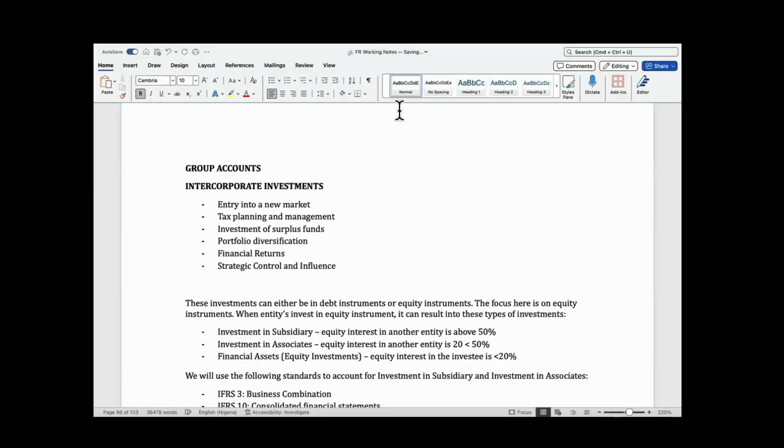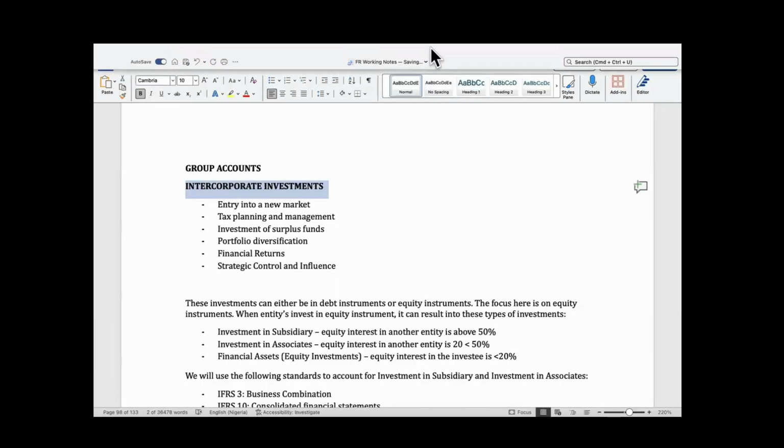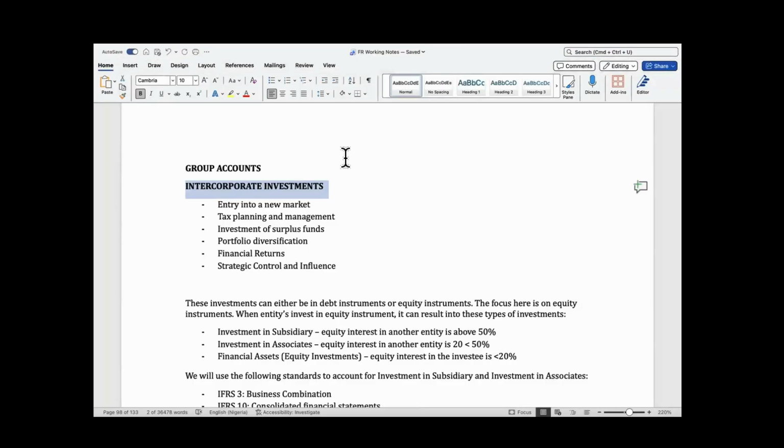So group accounts, why are we talking about it? Why do you want to prepare it? This is the reason. The reason is intercorporate investments. Companies are investing in another company and they have reasons for that. Either because they want to enter a new market, a new industry, a new country, or for tax planning.